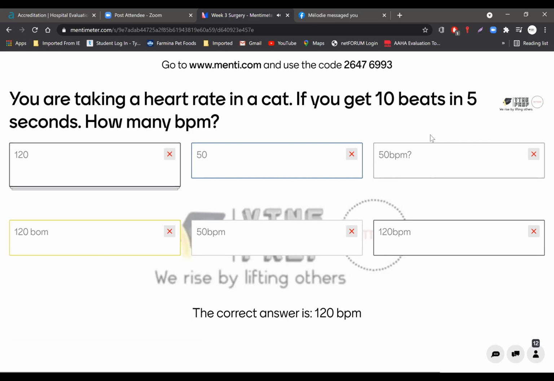So what's our multiplication factor for this? 5. So 12. 60 divided by 5 would be 12, right? So we take 10 times 12 and we get 120.